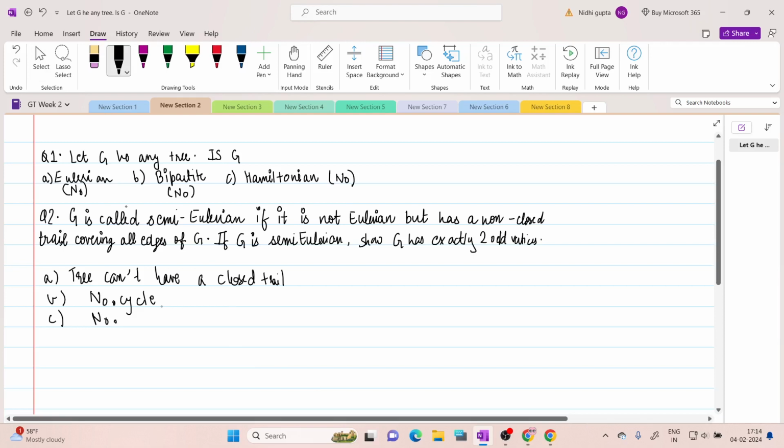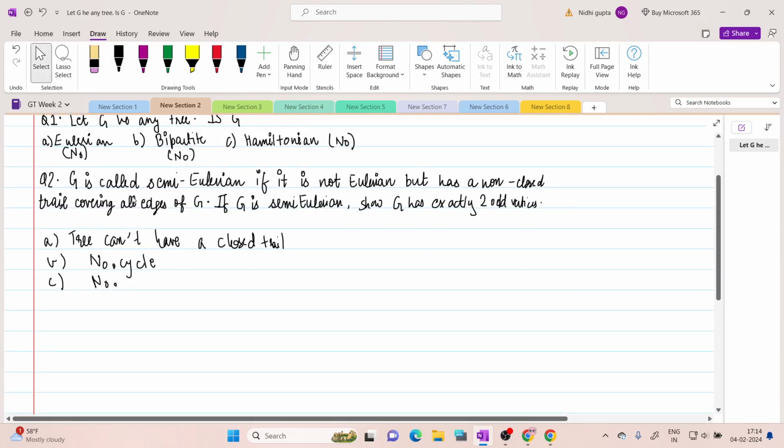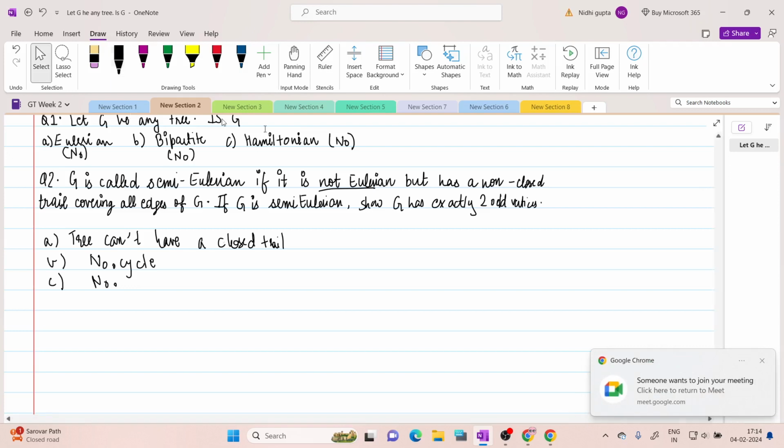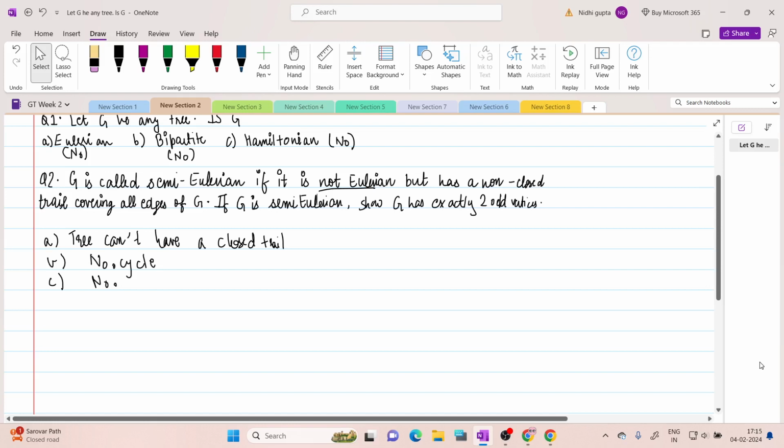So now the next question is, we call a graph G semi-Eulerian if it is not Eulerian, but it has a non-closed trail covering all edges of G. So basically a semi-Eulerian graph is a graph in which we can find a trail which is covering all edges of G, but that trail is not closed, we don't want it to start and end at the same vertex.